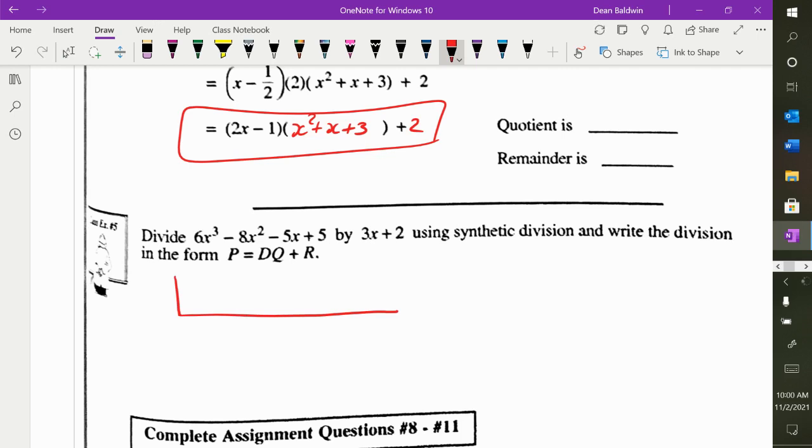So I can put 6, -8, -5, and 5. What is my a value? -2/3. Does everybody see how you get that? Yeah. This is important. We're good? All right. So -2/3 is my a value.